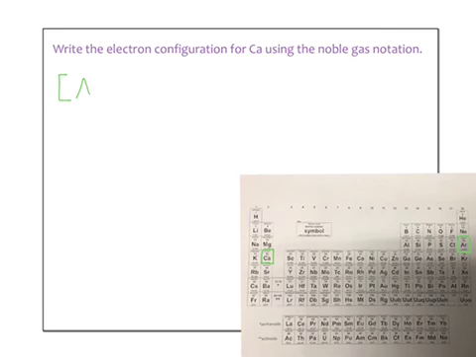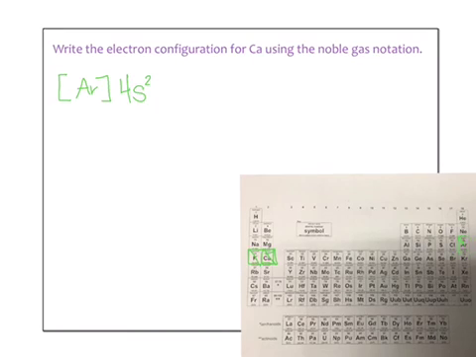So in brackets, we write the argon symbol. And then from there, we can write our electron configuration for calcium. So after argon, you enter into that fourth energy level. And calcium is in that s block, and it is the second electron to fill on that 4s orbital. So that would be the noble gas configuration for calcium.